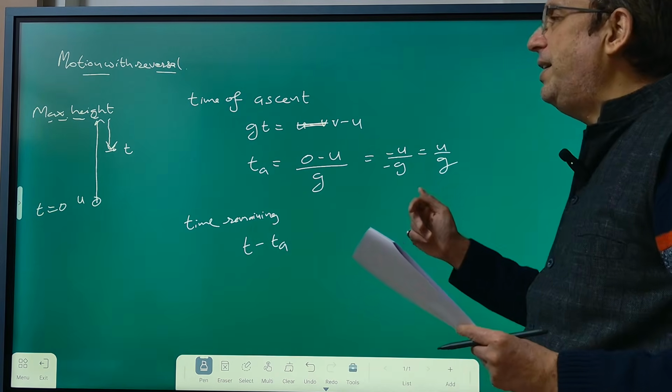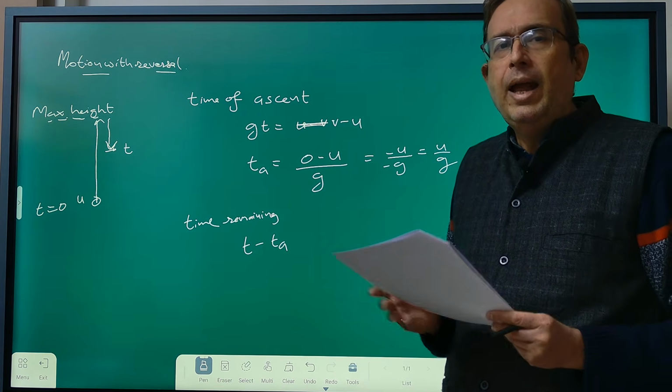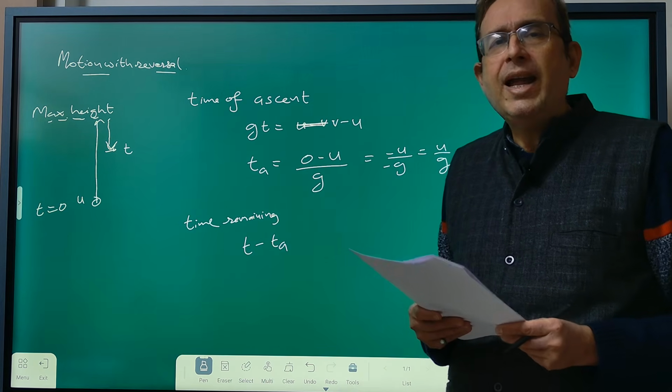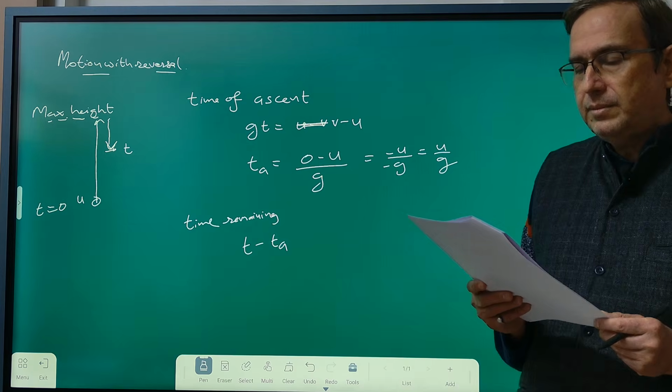So whatever time it takes after it has reached the maximum, and it has taken time ta to reach that maximum, then the future time after ta would be equal to t minus ta.